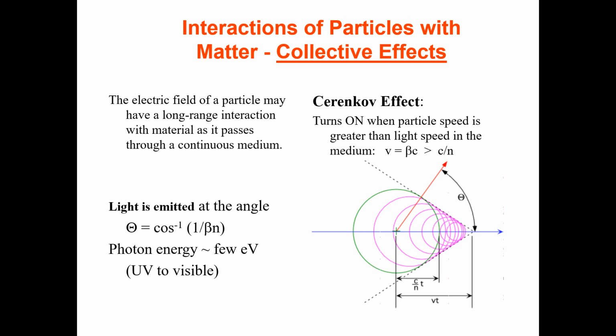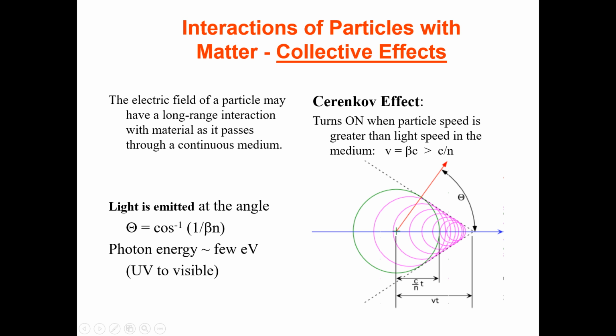In the Cherenkov effect, light is emitted at an angle θ = cos⁻¹(1/βn). This should be the θ for light emission.